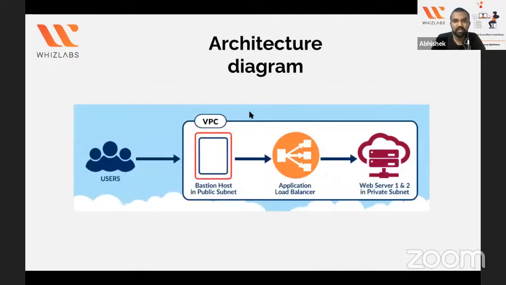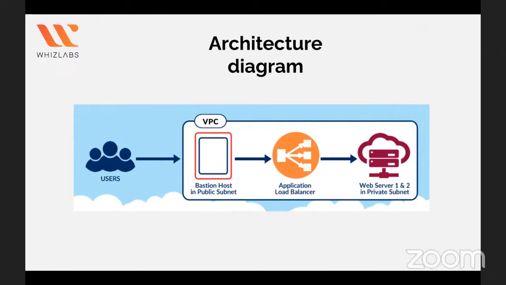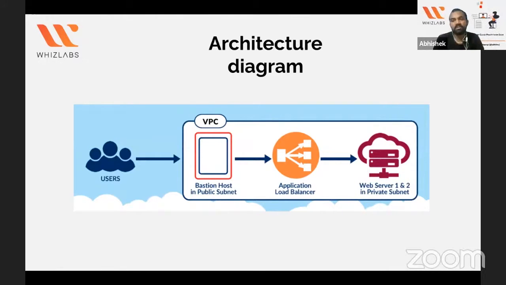And let's begin. This is the architecture diagram of what we are going to see today. This is just a sample of how a user can access a Bastion host and the application load balancer having web servers. Usually in a traditional three-tier application, there is a load balancer or a front end acting as the public part, which is accessible by the users.